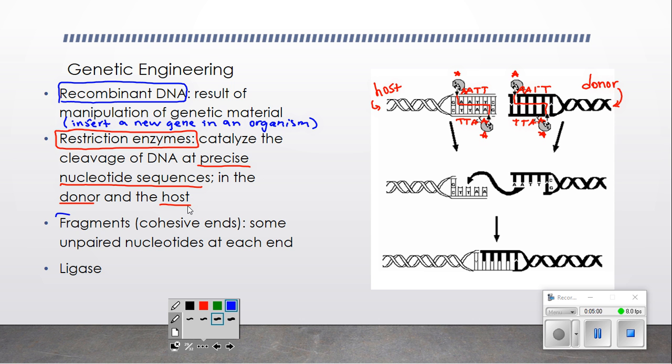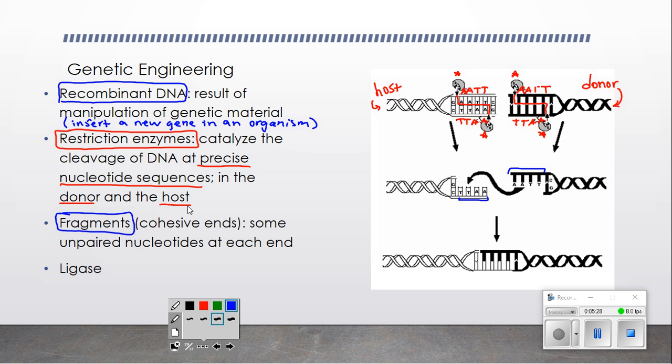What I end up with, if I use those restriction enzymes, are fragments. So if you take a look over here, I have some fragments. The restriction enzymes have cut the double-stranded DNA helix, leaving me with a few DNA nucleotides that don't have a partner anymore.